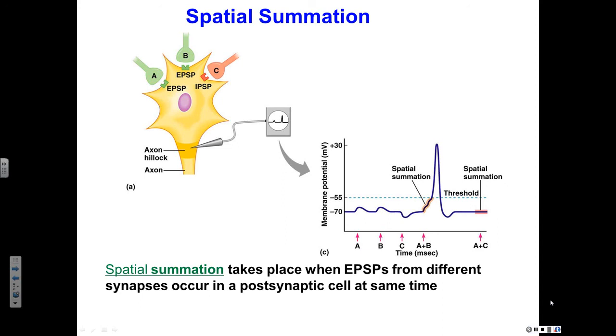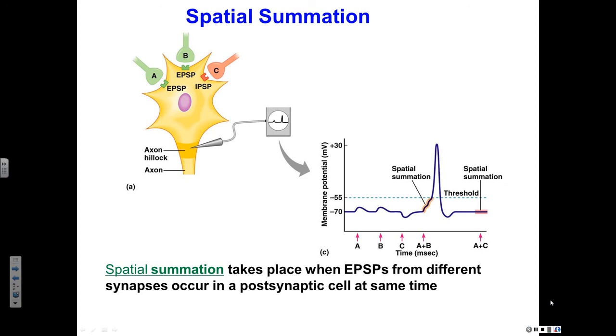Then we fired only B, and again it's positive. It went up, so it's an EPSP, excitatory. And again, it didn't get you to minus 55, so you didn't get an action potential.